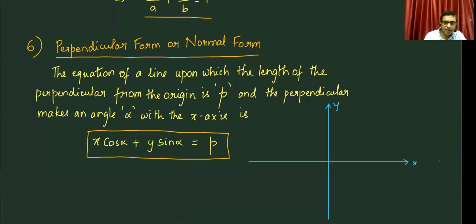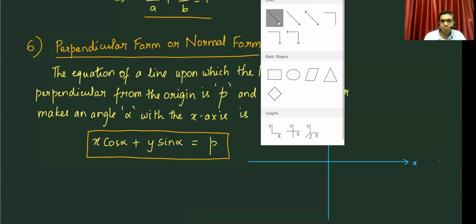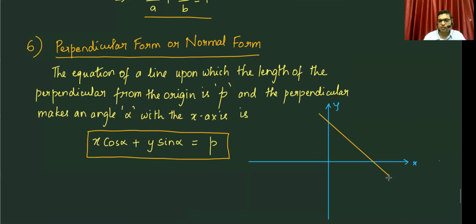X, Y, this is the straight line. Now a perpendicular is dropped from it, from the origin. This particular length is p.